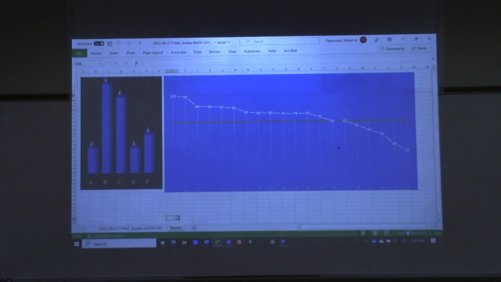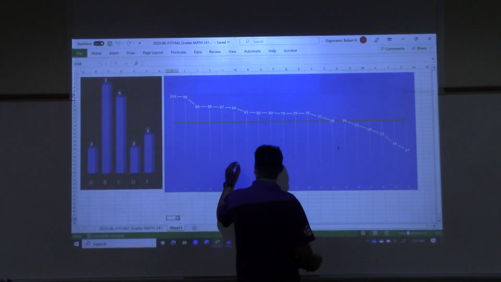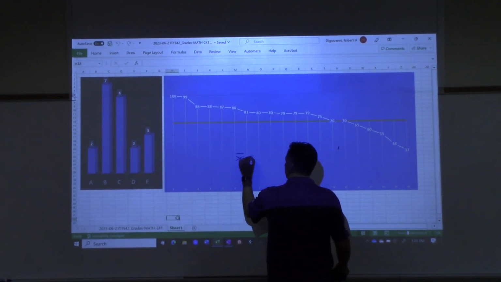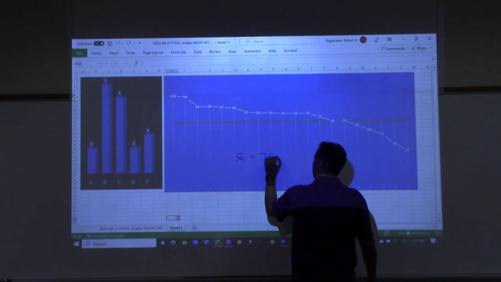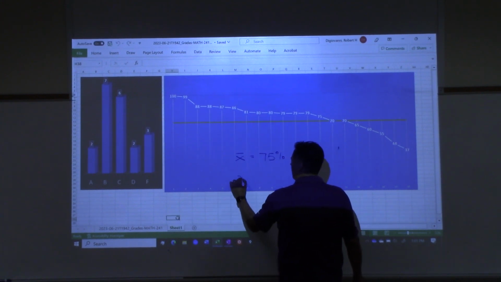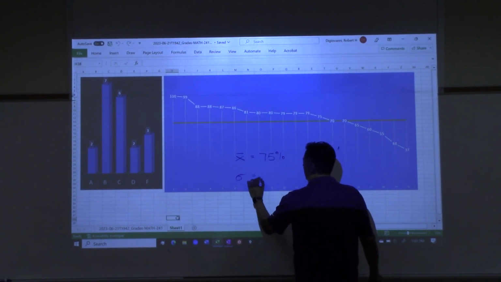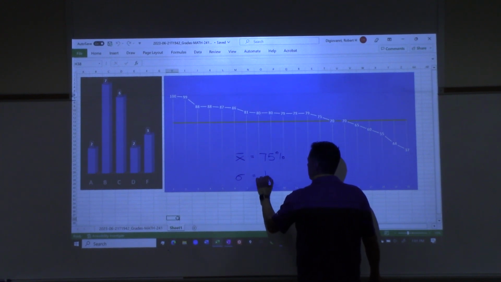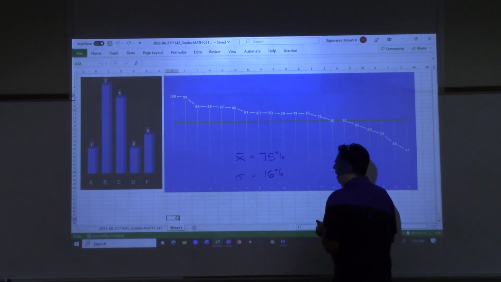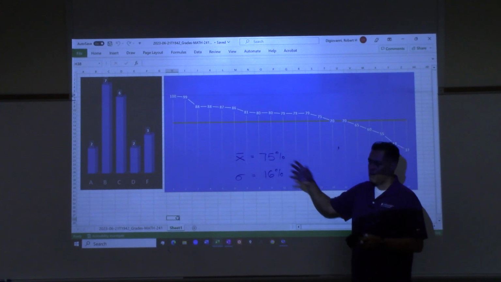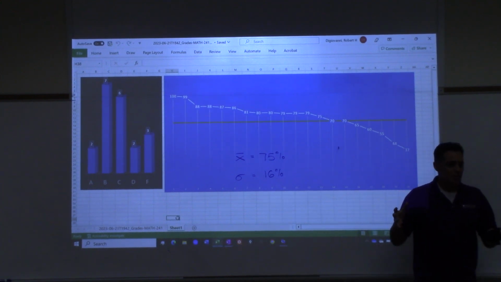Like I said, class average was 75. So normally in math and statistics, the class average is represented as X bar, 75%, and then we have this thing called standard deviation, sigma, was 16%, which that number just tells you how far apart the grades were spread from the average.